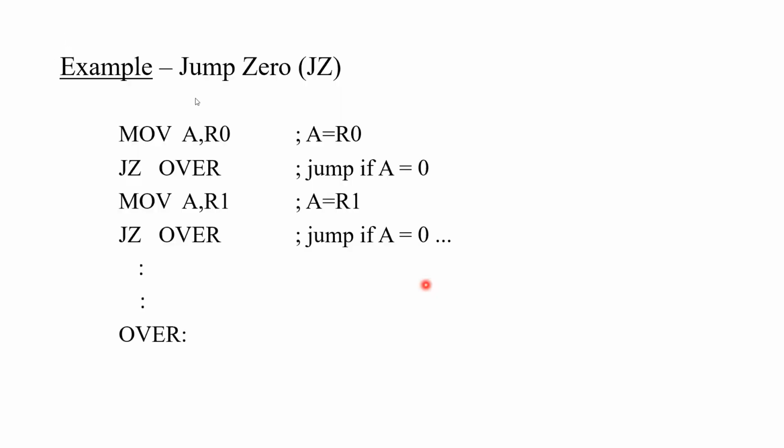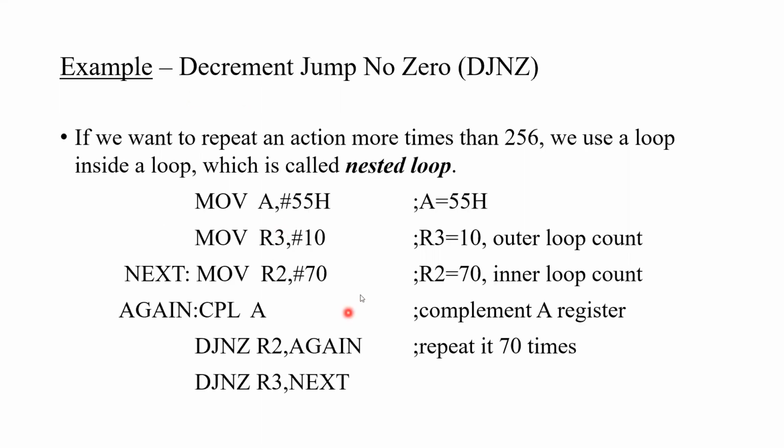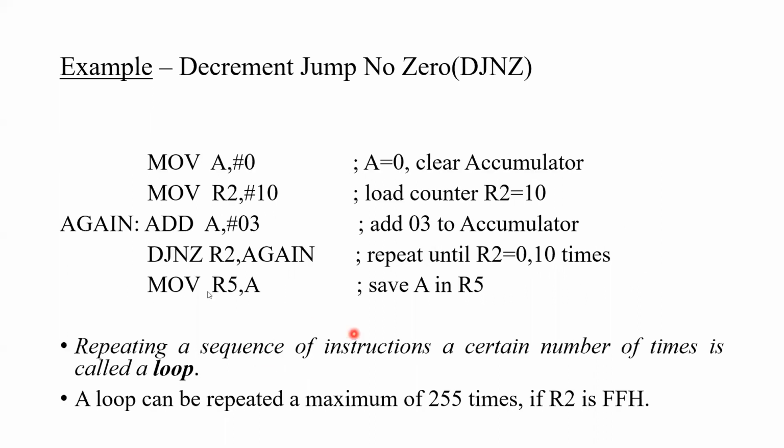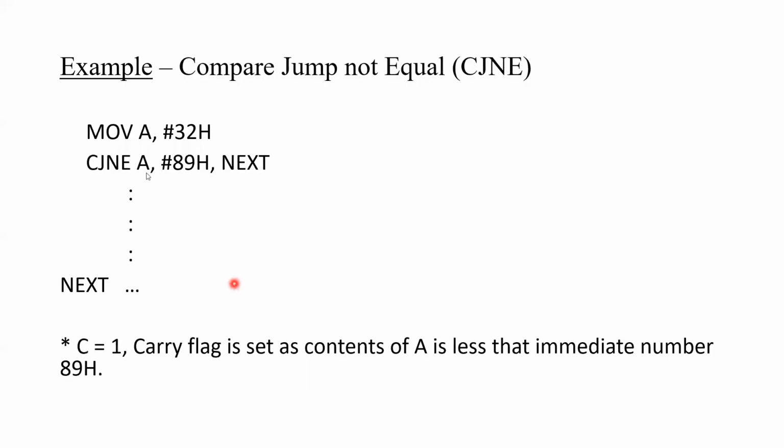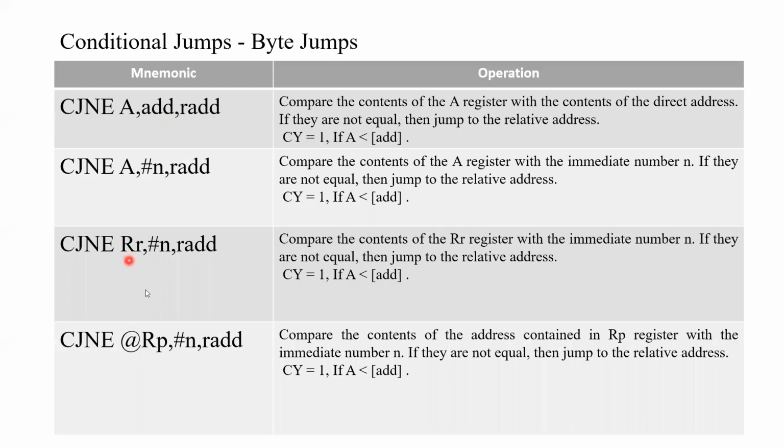If you see the earlier example, it was decrement and jump if not zero. It was looking at the contents of R2 here, the contents of R3 here, and again R2 here. In the previous example we had the accumulator, registers R0 to R7, the direct address, and also the indirect address.